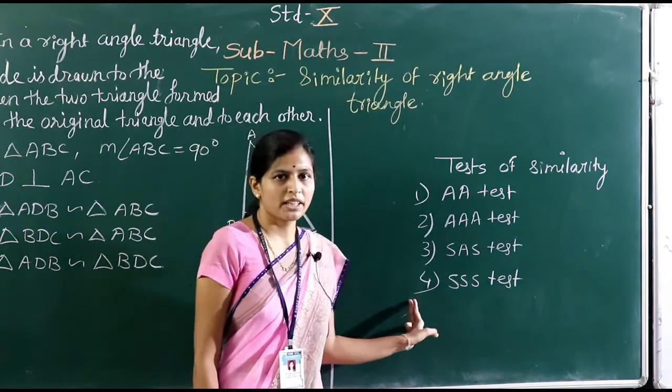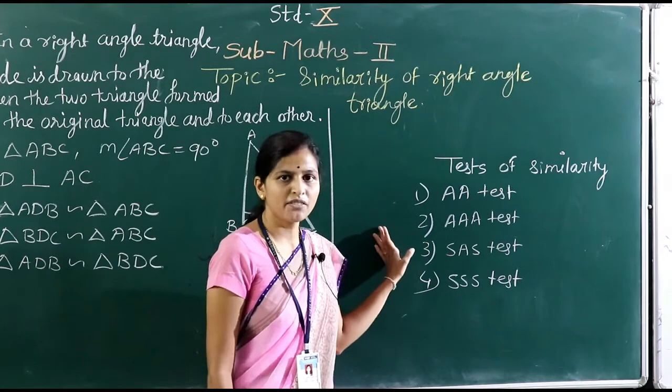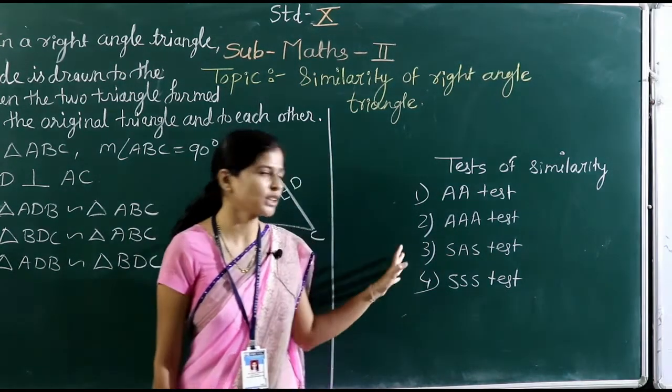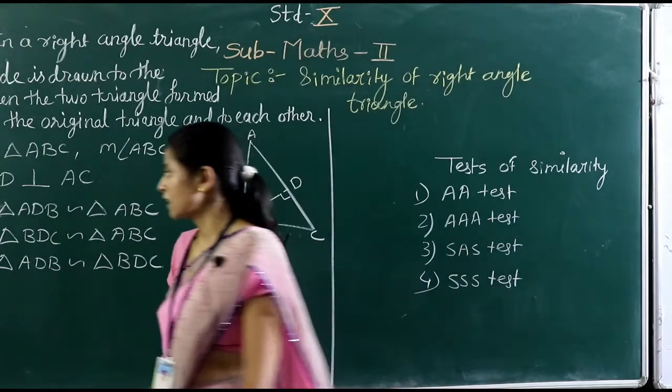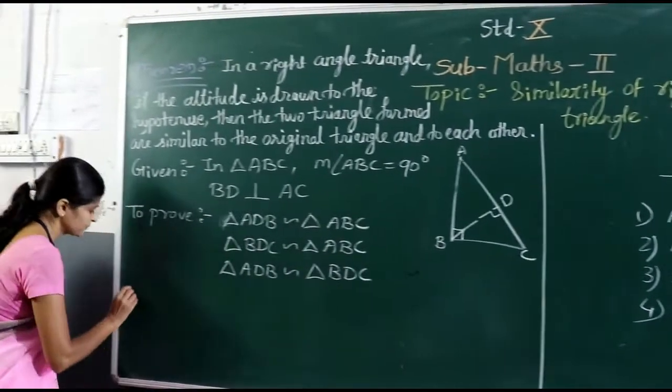Out of these four tests, if two triangles satisfy any one of the tests, then we can say that the two triangles are similar to each other. Now we start the proof of the theorem.